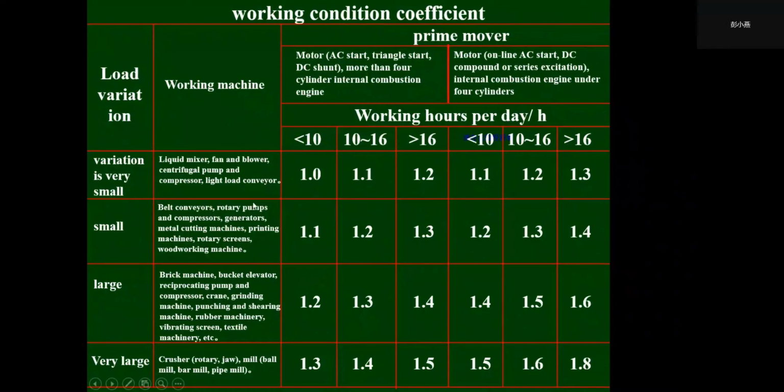For example, for a light load conveyor that works 8 hours per day, we can choose the working condition coefficient KA as 1. And if it works 12 hours per day, we can choose the working condition coefficient 1.1 there.